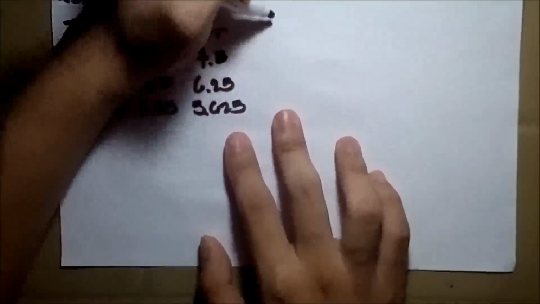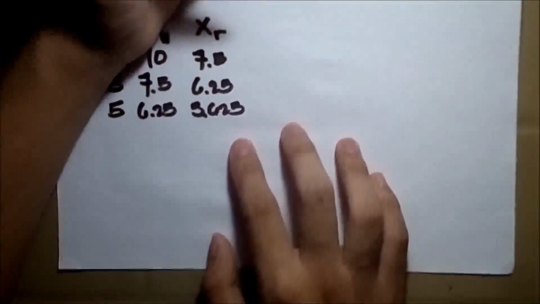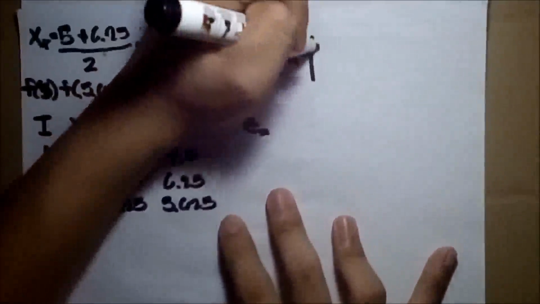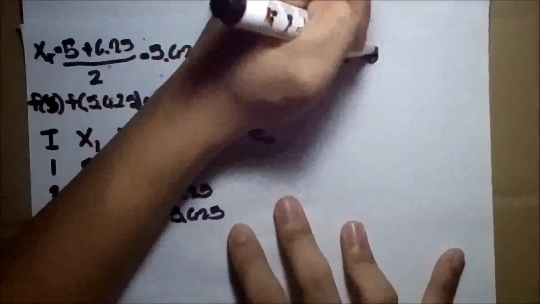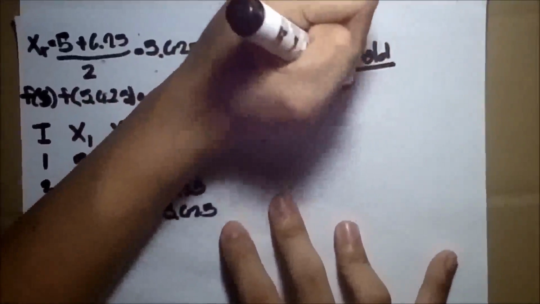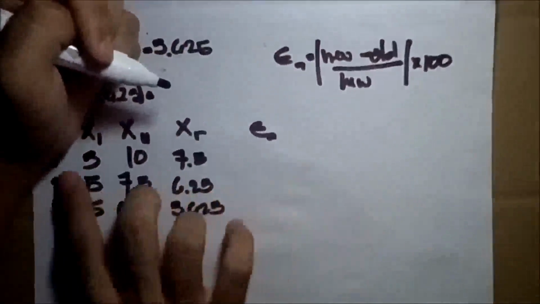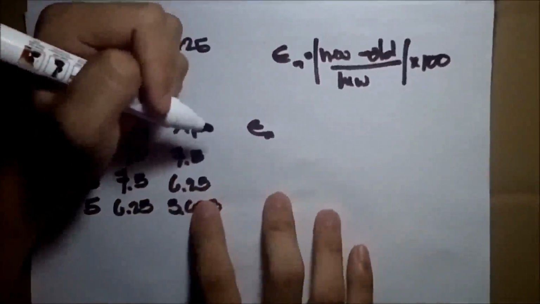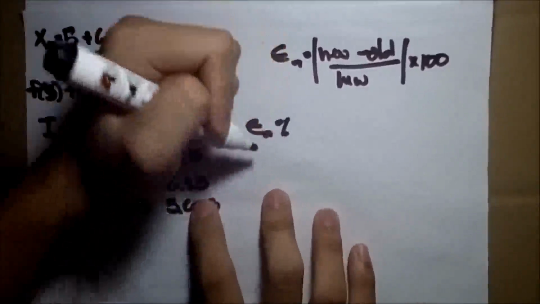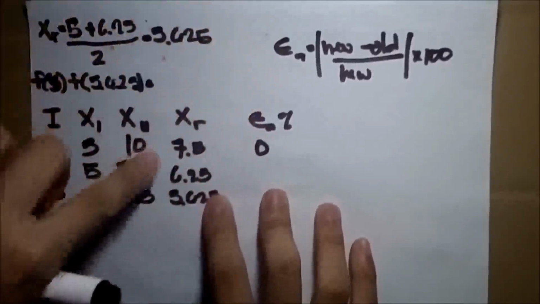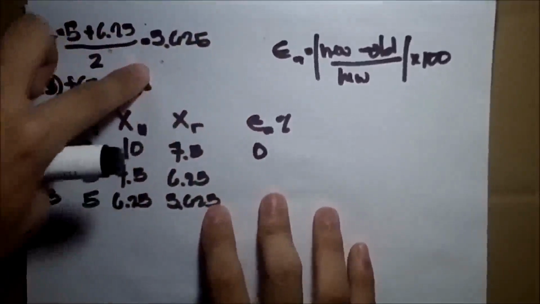In determining the approximate relative error, we can use the formula new minus old over new times 100. In the first interval, the error will be 0 because there is no preceding value.